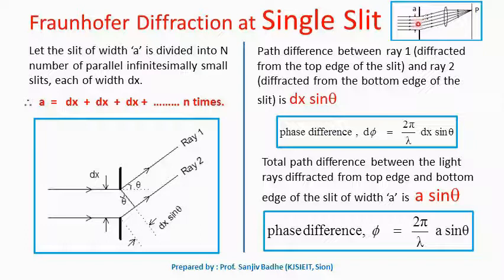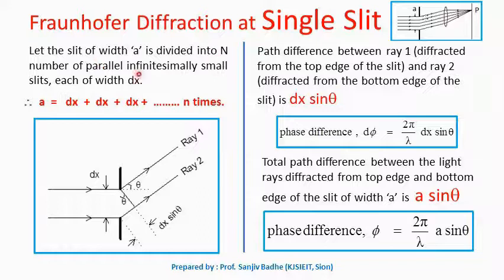Let this slit of width A be divided into n number of parallel infinitesimally small slits, each of width dx. So this dx is infinitesimally small. It is so small that only one wavelet is emitted from each of these slits of width dx at an angle theta.